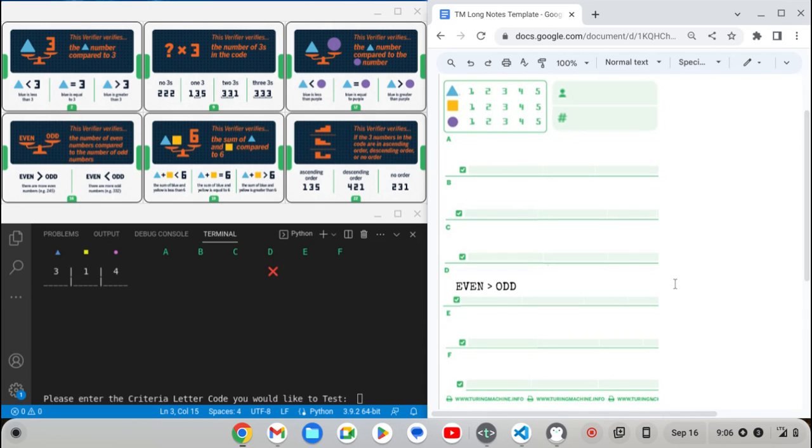So, I'm going to say it's going to be a 2, a 4, and an odd, based on how I just described it. So I don't think you can have the same digit duplicated. So there's not going to be a pair.